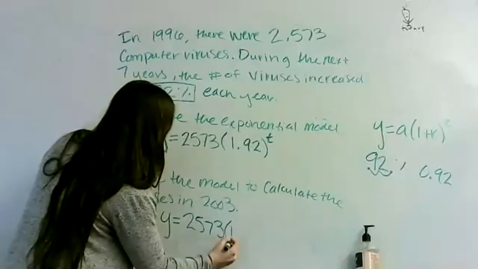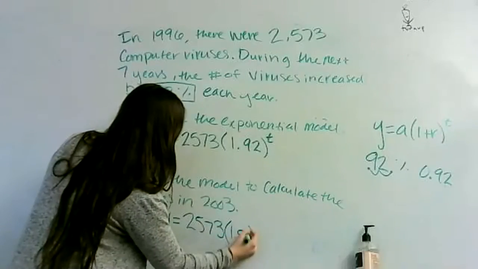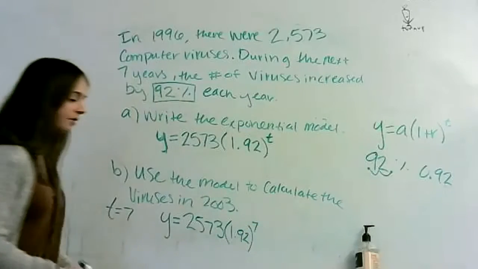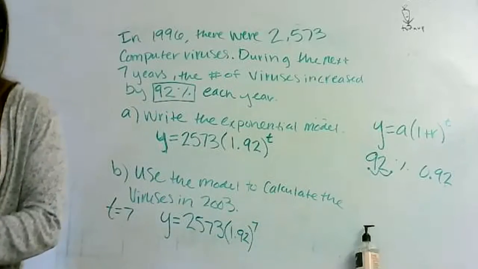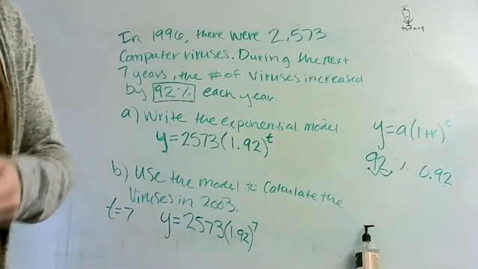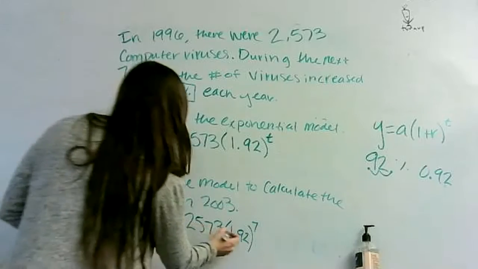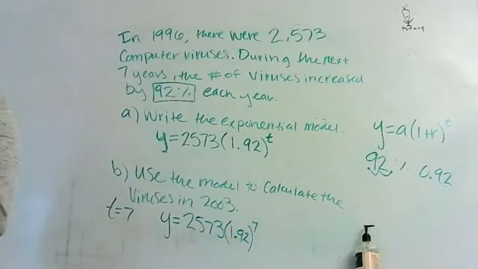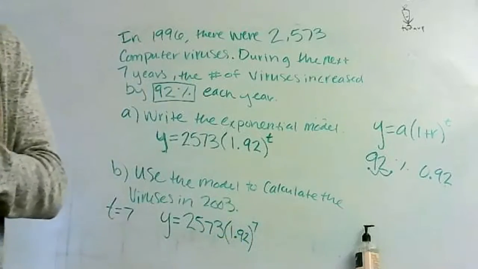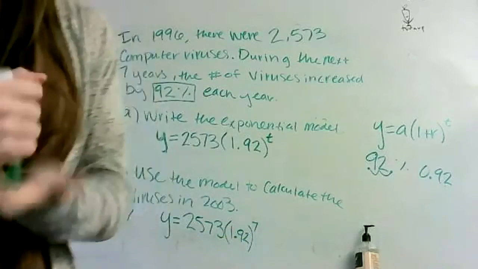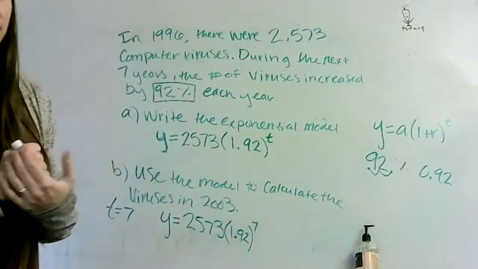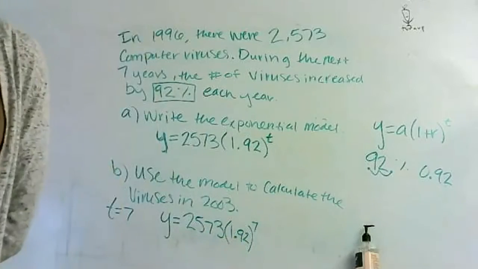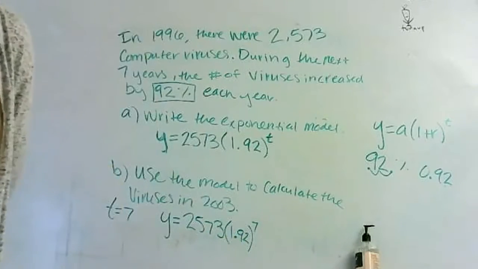2,573 times 1.92 all to the 7th power. So notice the parentheses I put in here. You would have needed these parentheses when you type this into your calculator as well. I don't have a calculator near me. What did any of you guys get for your answer? Anyone want to type it in? Or do the calculation really quick for me because I have no calculators near me and I can't do this in my head.